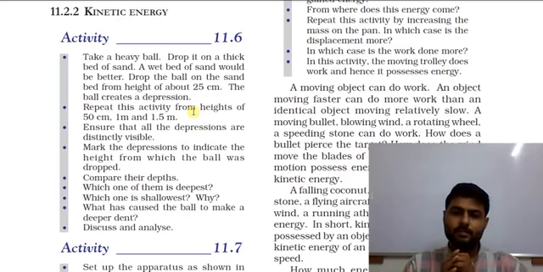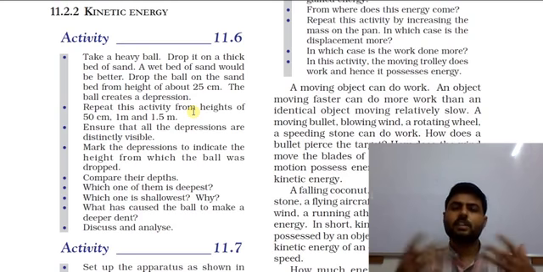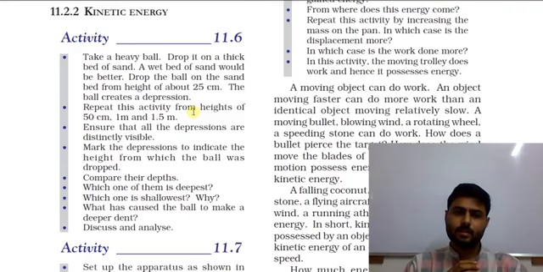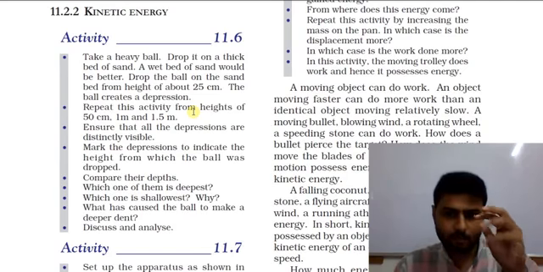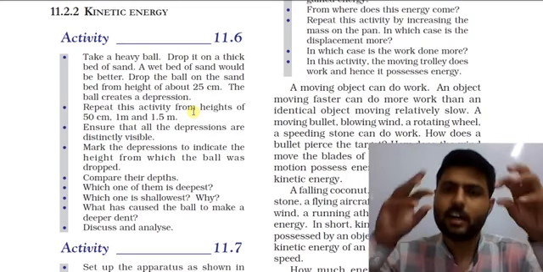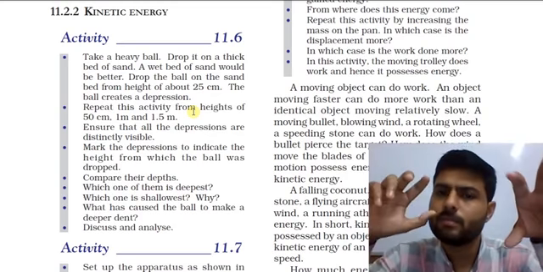Larger the object, larger the mass, larger the weight, larger the kinetic energy. For example, if we have a 100 gram stone and another 200 gram stone.